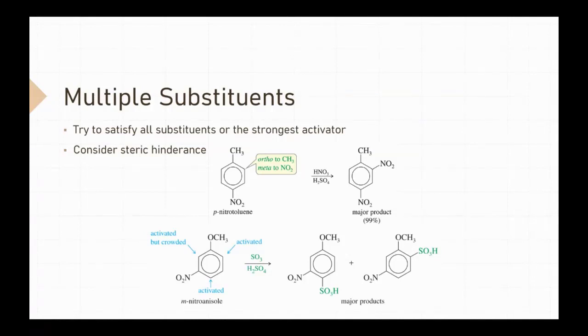But because this is sandwiched between these two substituents, it is less likely to attach here. So here, it's either one or two. They are equally likely to attach, so the major products would just be the meta or the right ortho position.